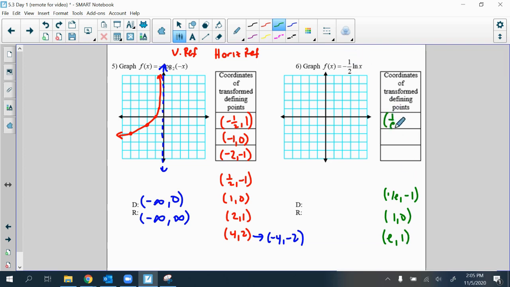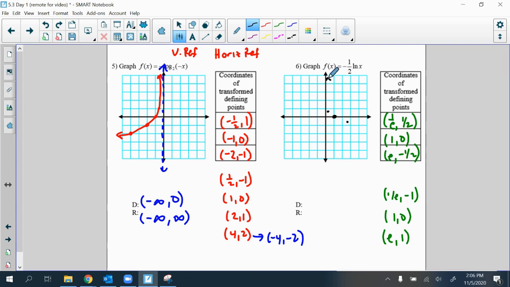So I have (1/e, 1/2), (1, 0), and (e, -1/2). So if I plot these, I have (1, 0) on the graph, e, which is around 2.7, -1/2, and around 1/3, 1/2.